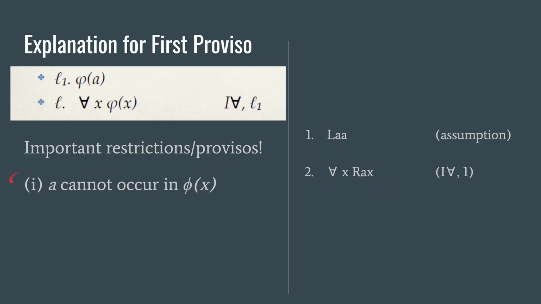If we didn't restrict ourselves to this proviso, then we'd be able to just go from the statement that Anne loves herself to Anne loves everyone. And that's wrong. Why is that wrong? Well, A appears in phi x, right? Phi x is RAX, and A is in RAX. So this proviso rules out derivations like this unwanted one here.